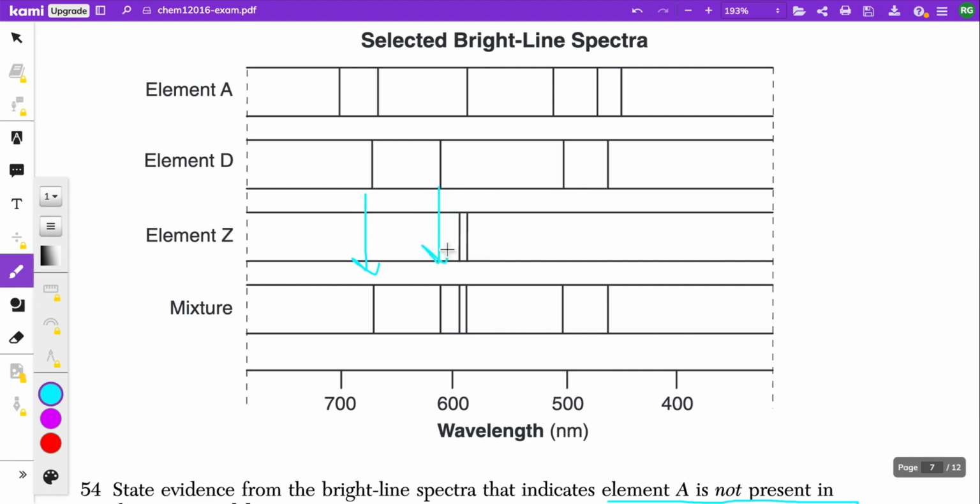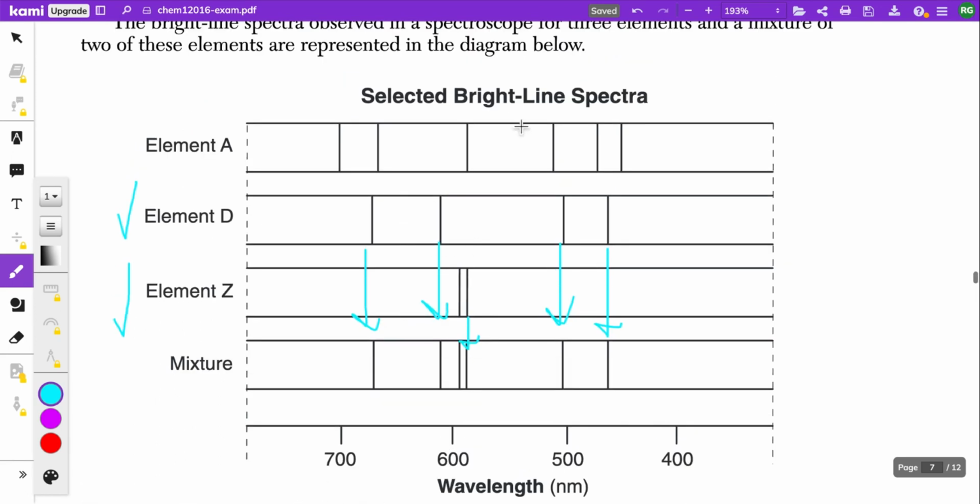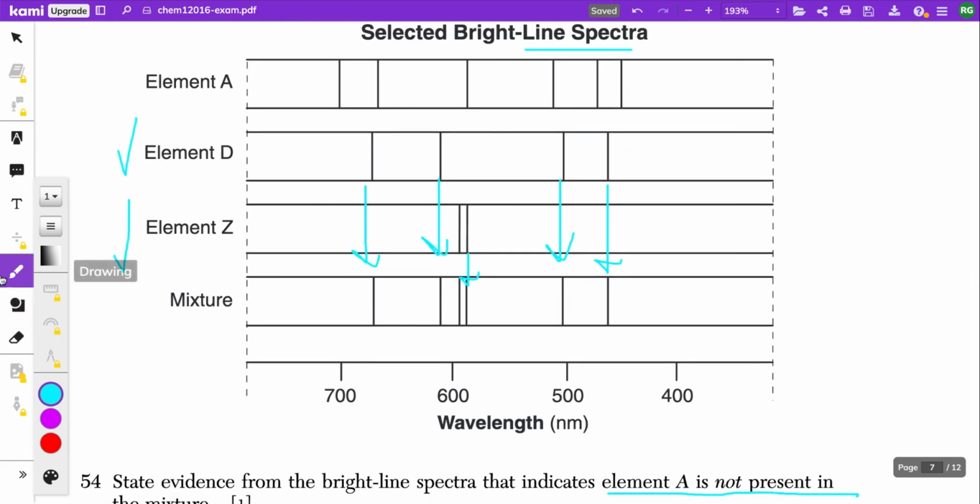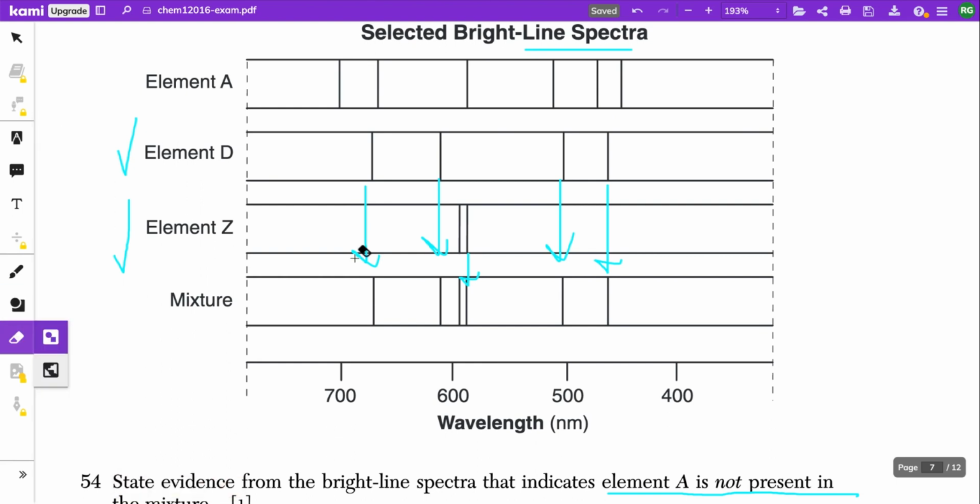If the lines match up with the mixture, that element is present in the mixture. In this case, element D and element Z are present in the mixture because their spectra line up with the spectra of the mixture.